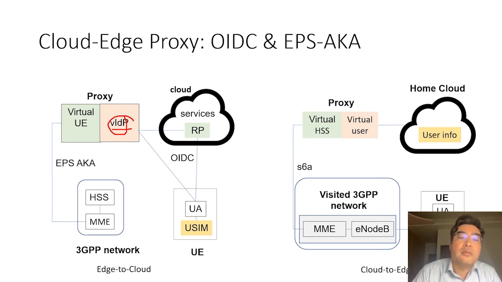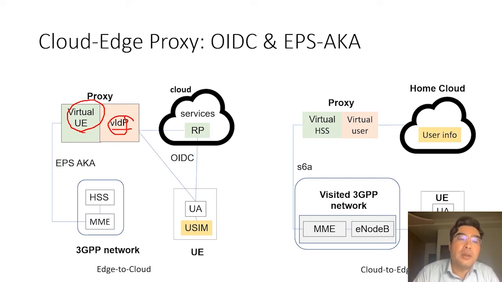And on the other side, the proxy pretends to be a virtual UE, which is a UE but virtual, talking to the MME. MME in turn talks to the HSS. These are the protocol entities in 3GPP, including the virtual UE.